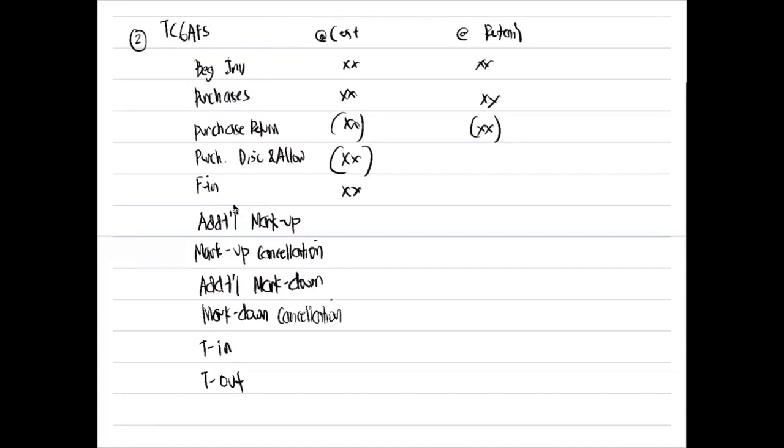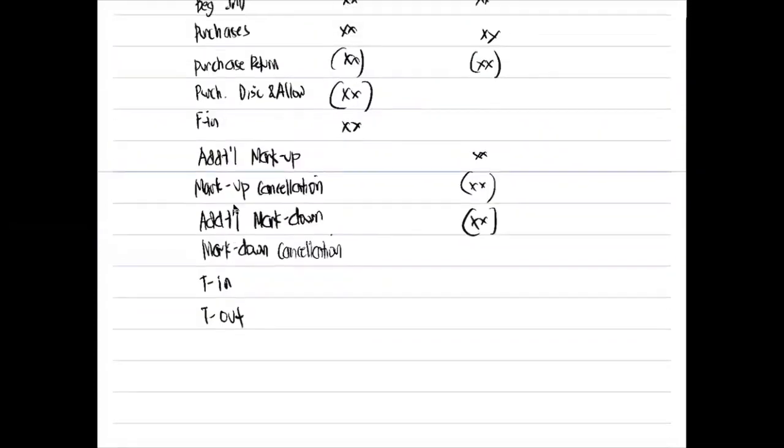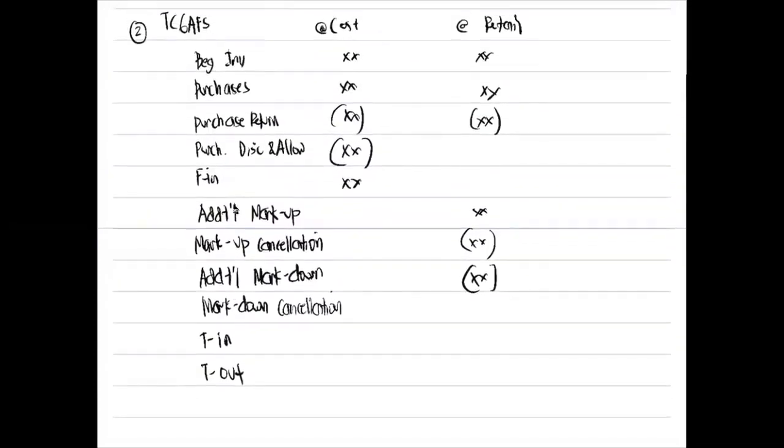Now for your markup, of course, that pertains only to your retail. Markup is an addition to your retail price. Therefore, we add it. Markup cancellation is a subsequent cancellation of the addition on the selling price or the SRP. So we decrease it. Markdown, that is a decrease on your selling price. So we remove it. Markdown cancellation, guys, is a subsequent cancellation of the markdown.